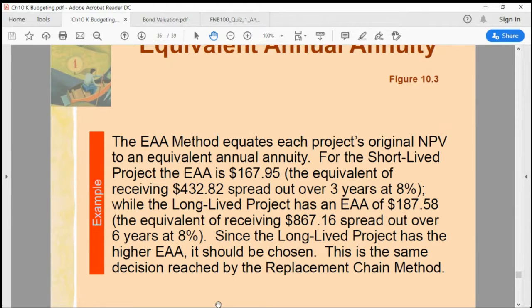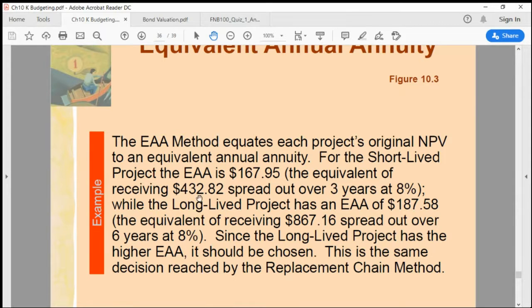And then find what the annuity payment is, right? That would result in the present value of these annuities, right?